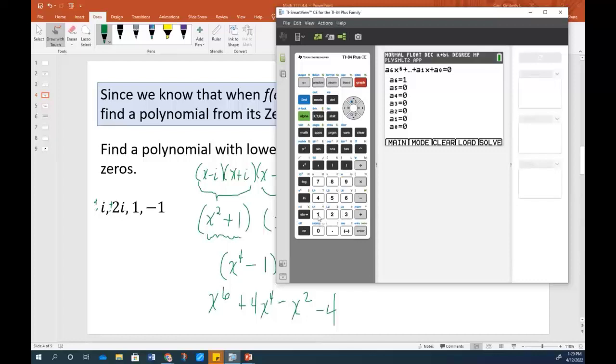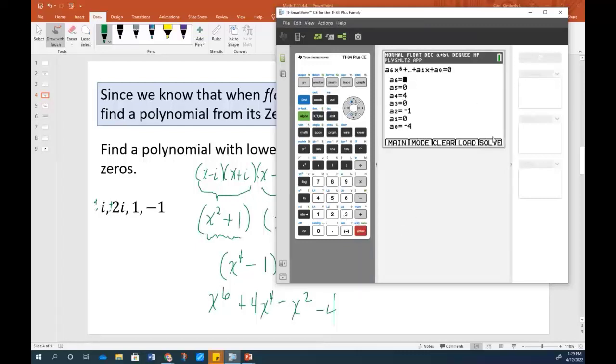But I'm still just going to put in my coefficients. So I have 1x to the 6th, 0x to the 5th, 4x to the 4th, 0x cubed, negative 1x squared, 0x to the 1st, and then a negative 4 is my constant.